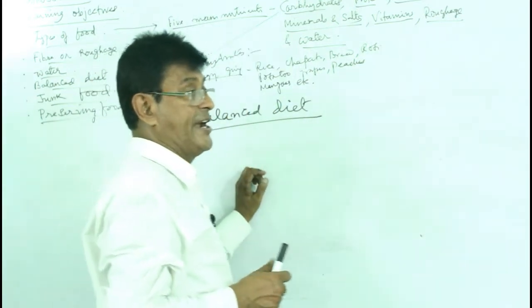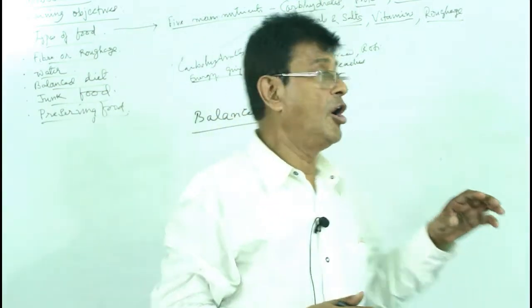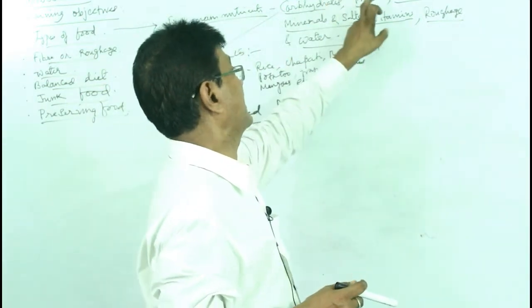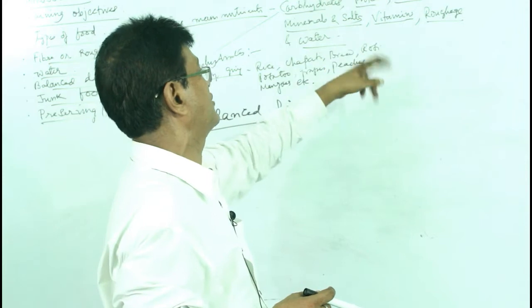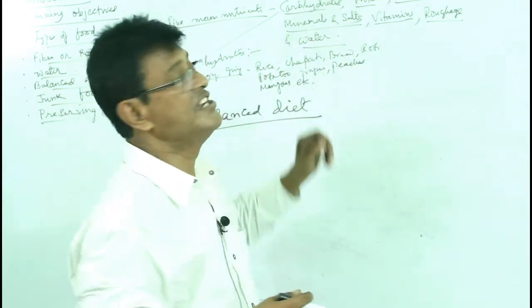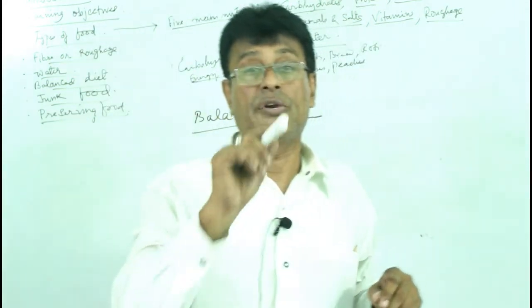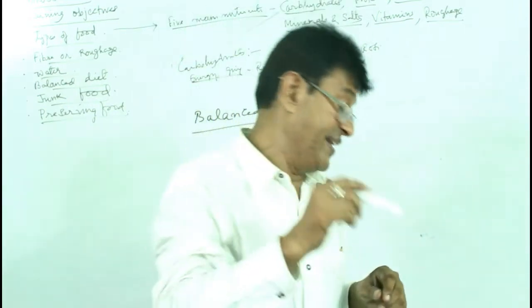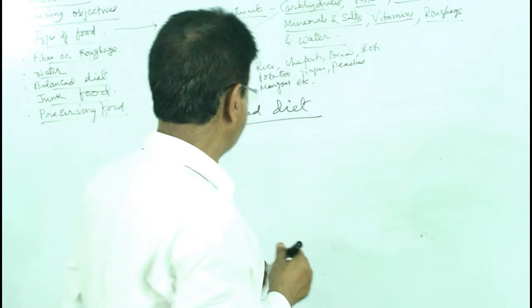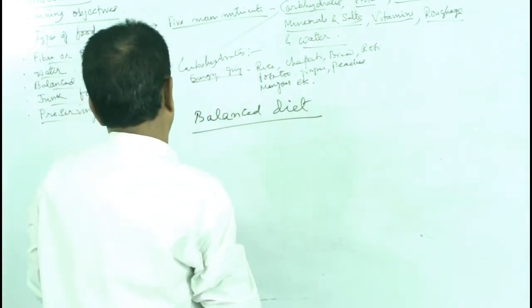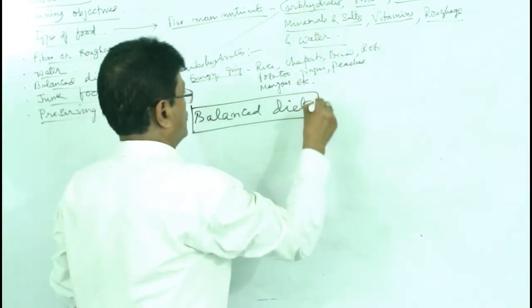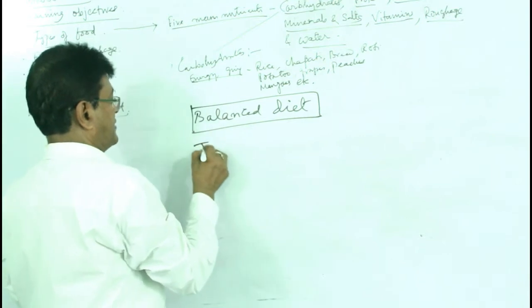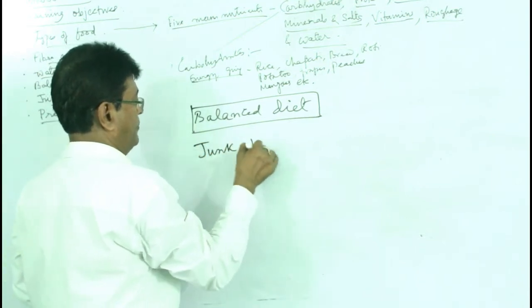So balanced diet is a diet where all the nutrients like carbohydrates, proteins, fats, minerals, salts, vitamins, roughage and water are in correct and adequate amount. That is very much required. Well, it is good to have the balanced diet, and it is very poor to have junk food.